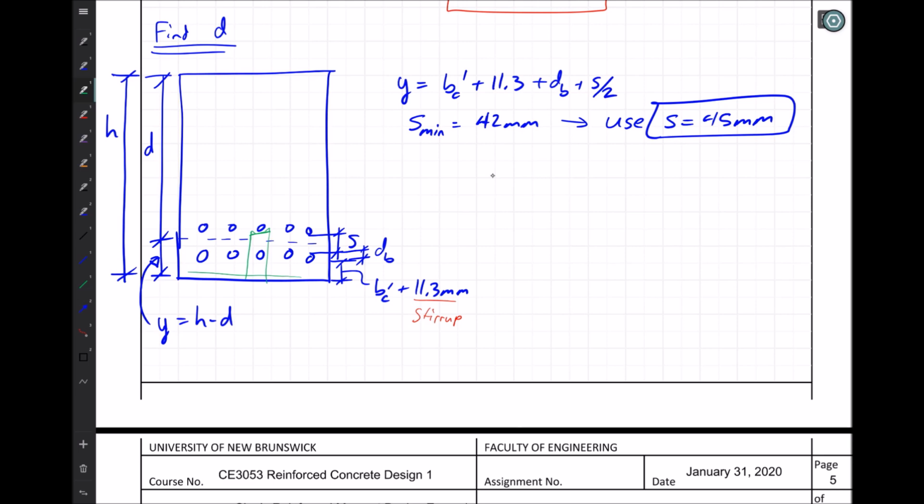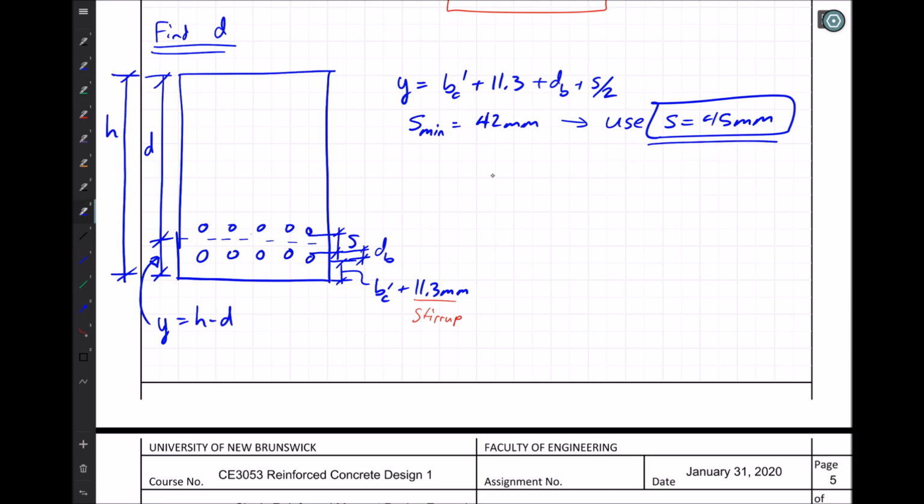And so depending on the size of the chair, we might have to change that value of S to 50 millimeters or something, depending on what we can get. But that is really something that we can't incorporate in this level of design that we're doing today. Instead, we'll use 45 millimeters as shown here.